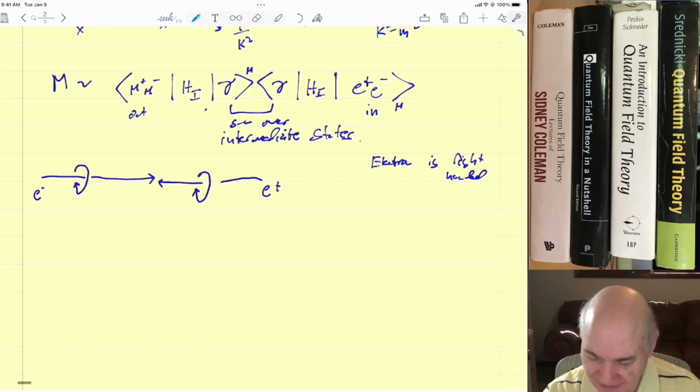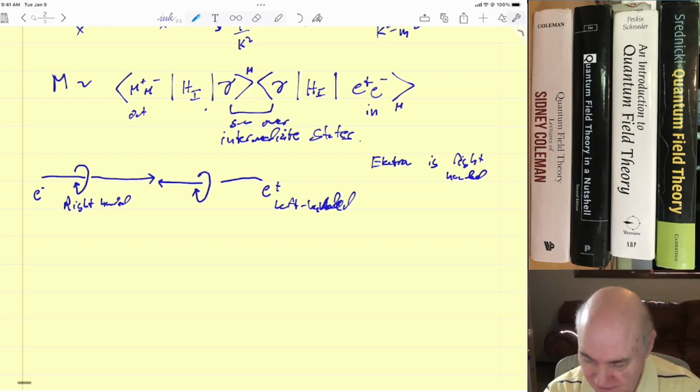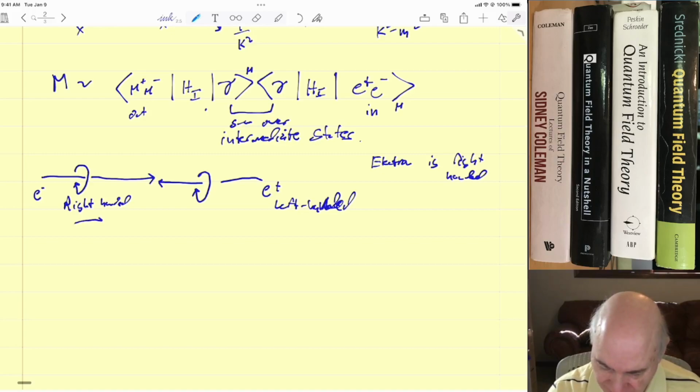Anyway, since the electron is going to the right and the positron is going to the left, if we have the electron left-handed and if we have the positron left-handed, we have this right-handed, then this one will have an angular momentum this way.